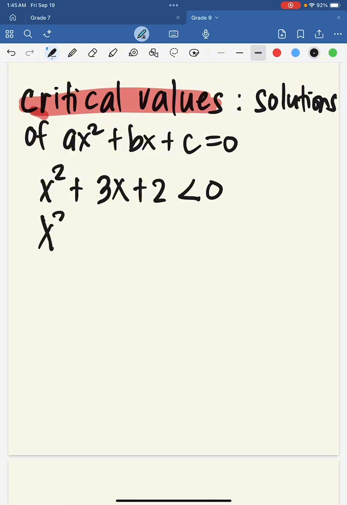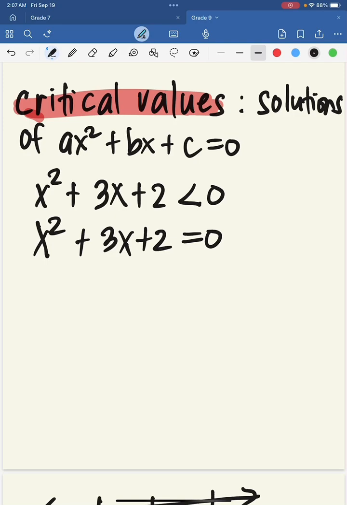So let's turn this into x squared plus 3x plus 2 is equal to 0. Now let's have a diagram of the factors of 2. So we have it here.